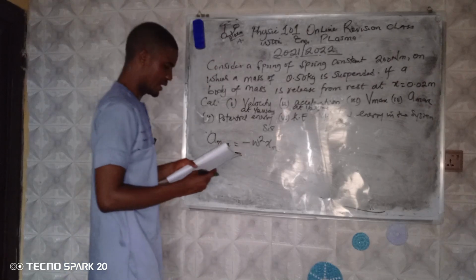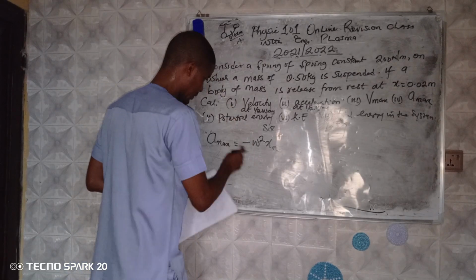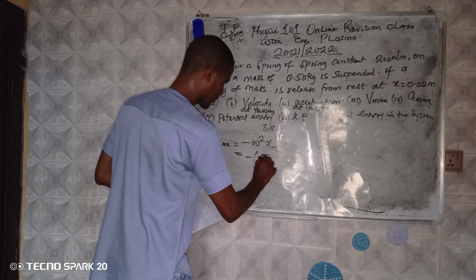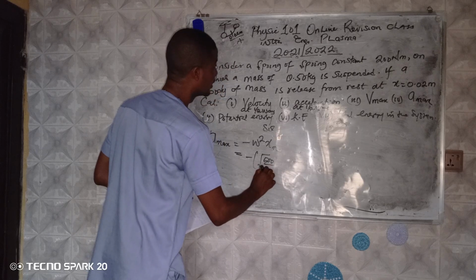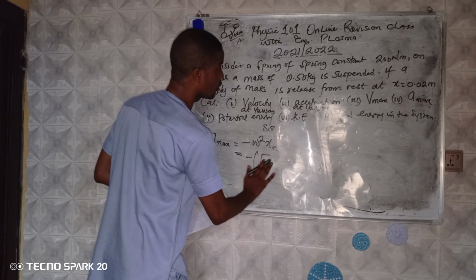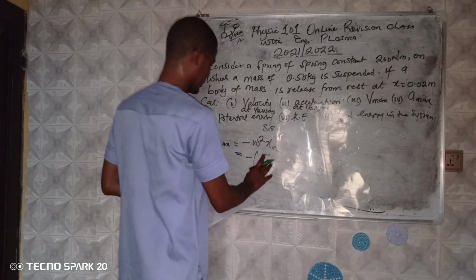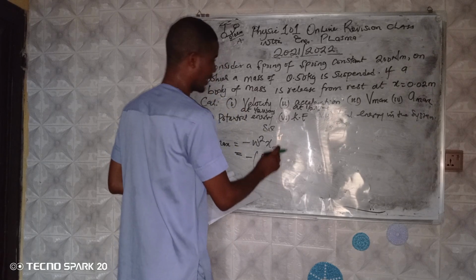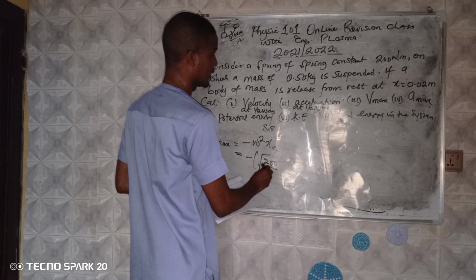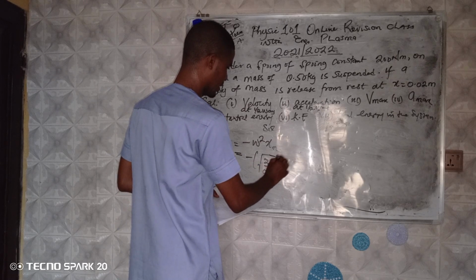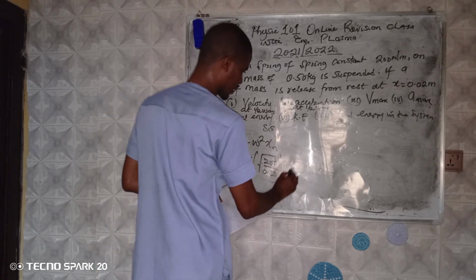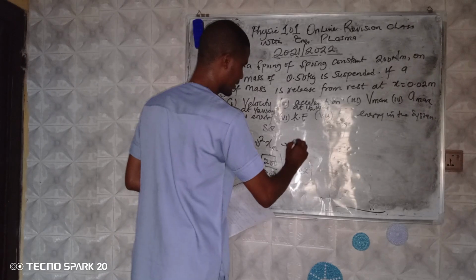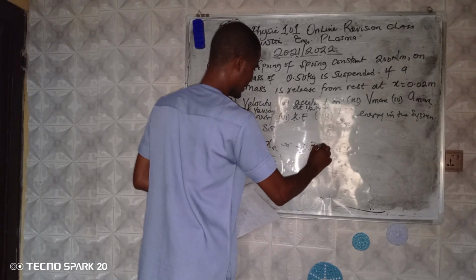So this will give me minus W, which is root of 200 over the mass of the body, 0.50. The spring constant is 200, sorry, not 500. When you have done this for W, then you multiply it by 0.02, which is the amplitude, or this can be written as minus W squared A.